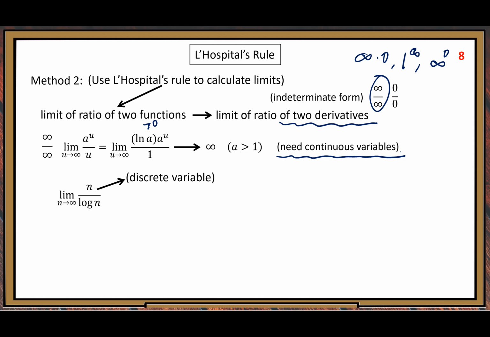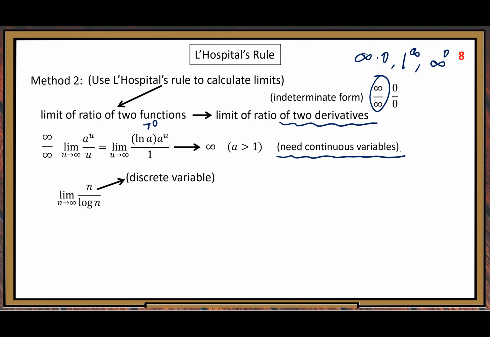The question: maybe it's obvious for people, but how come in the previous iteration, when we were looking at A^U over U, U wasn't considered continuous, or was it? Yeah, good question. Actually, if we go back and connect to the original functions, they're not continuous, also discrete.